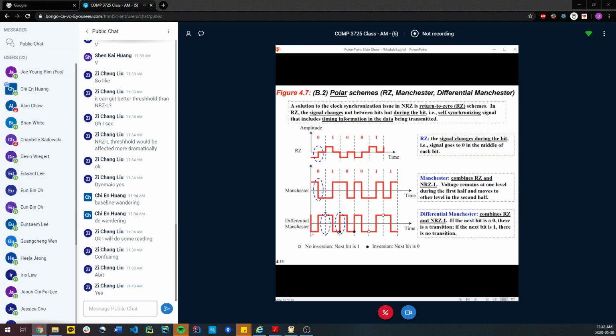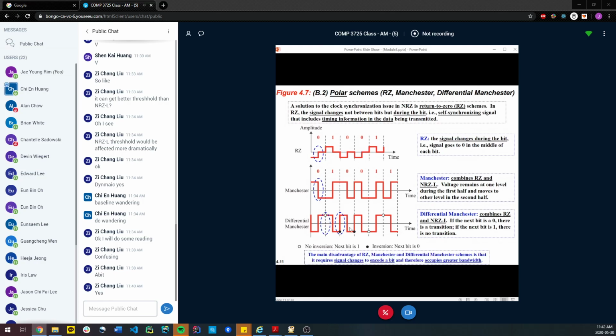I'm going to go down to a low. But in the middle of the bit, because of the return to zero scheme, I have to invert back up. Because the next bit is a 1, there's no inversion. I'm going to hold on to my high value here. My high value here must transition to a low value. And the next bit is a 0, so I must invert. I'm going to go from a low to a high first. But again, in the middle of the bit, I'm going to have to transition back down.